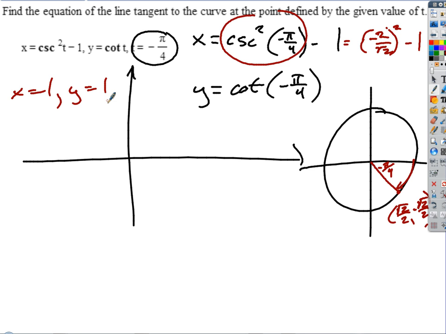You're right, it's not squared. There we go, -1. Okay, fine, I got it. Makes sense? Questions so far?